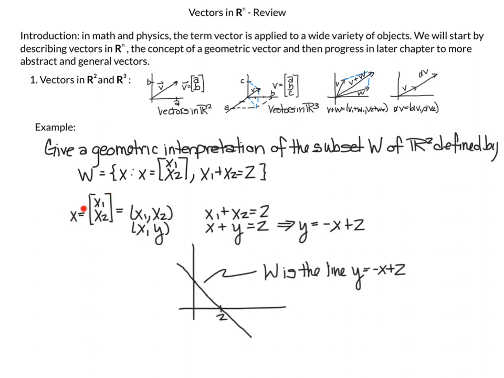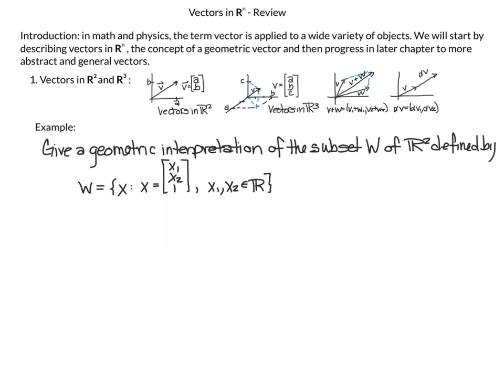Thinking of this vector as an xy pair, this equation is expressing that x plus y is equal to 2. So if you think of x2 as a y coordinate and x1 as an x coordinate, you have x plus y is equal to 2, which is just the line y is equal to minus x plus 2. So here is my drawing. W is the line y equals minus x plus 2.